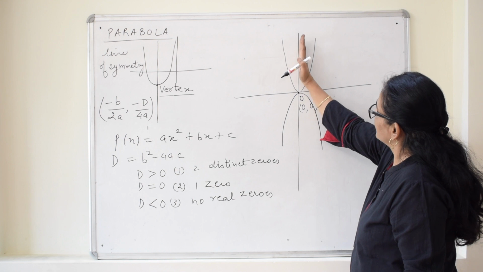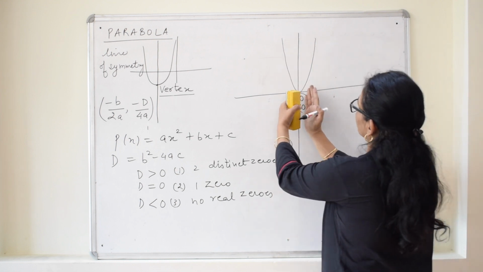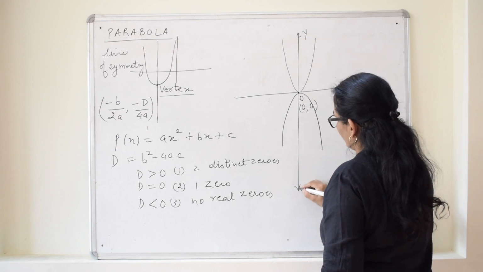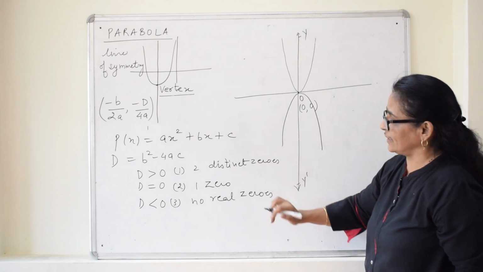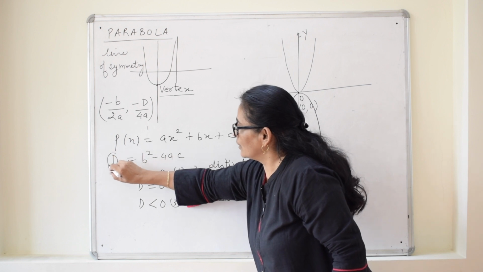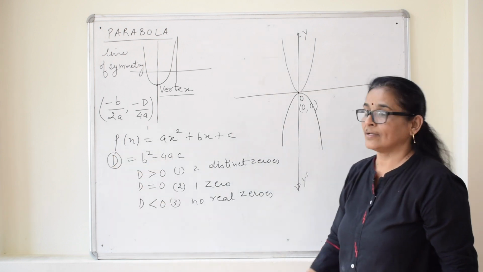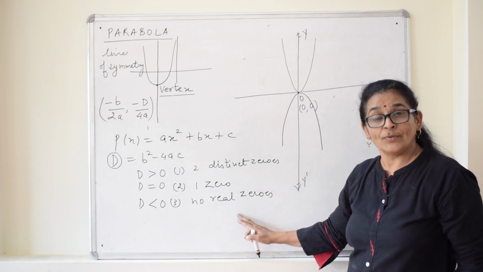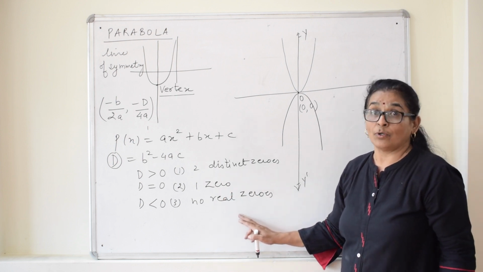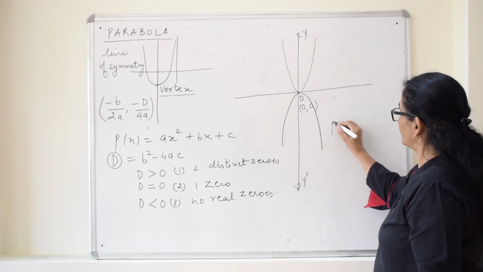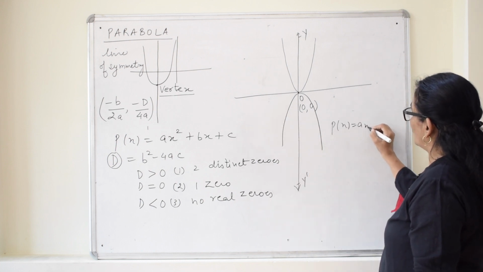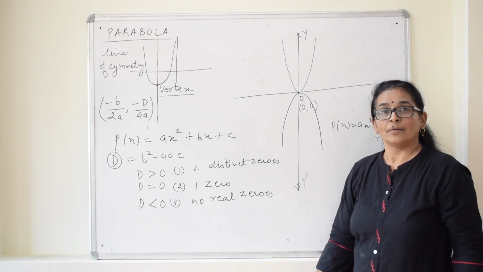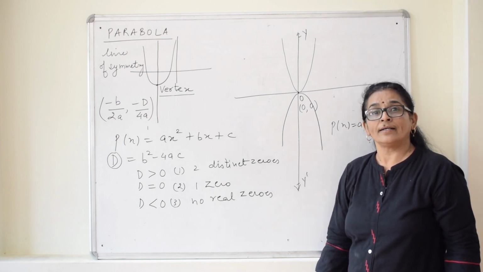In this case, this parabola, both the sides, it is symmetric towards this y-axis. So, what we have seen, everything depends on this D. Whether we can have two distinct zeros or one zero or no real zero for parabola. Parabola means what we are discussing is a quadratic polynomial. So these are special cases for parabola or for quadratic polynomial.